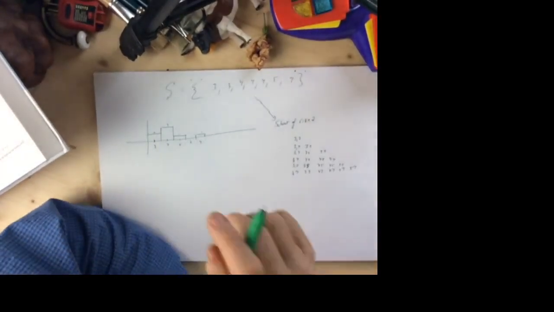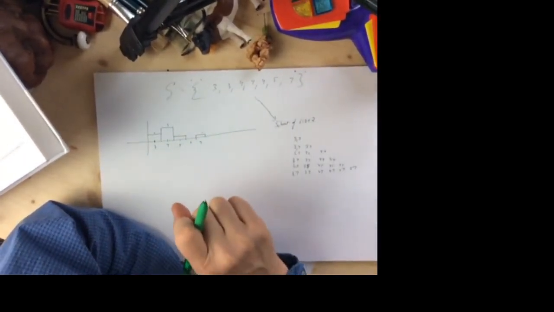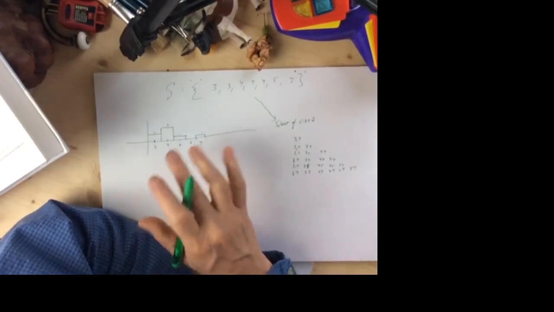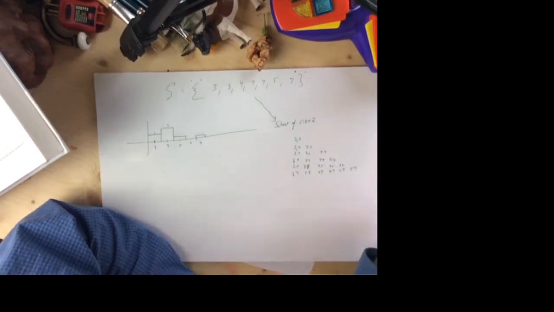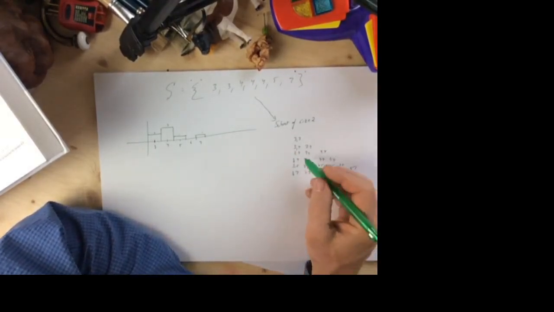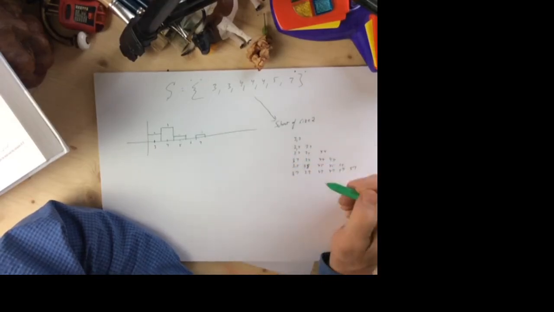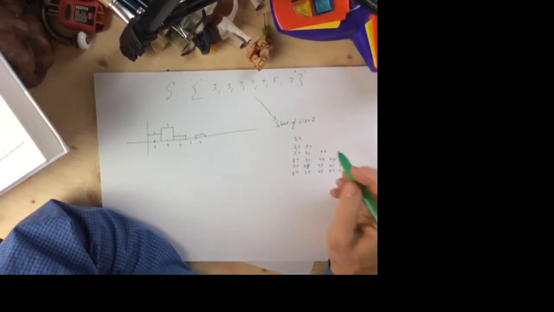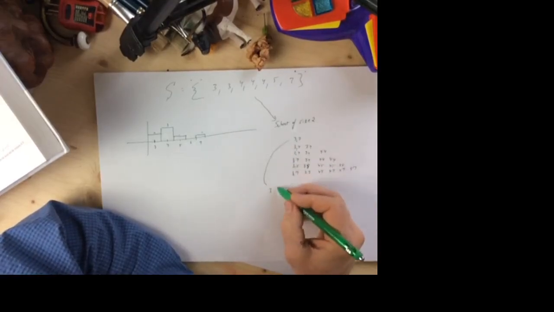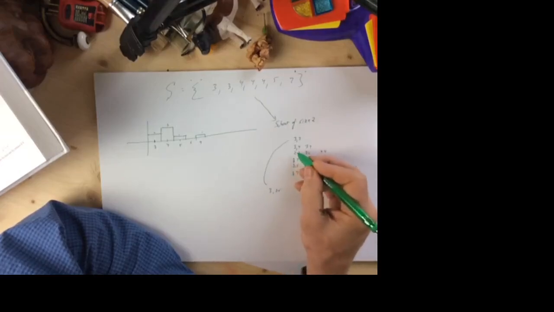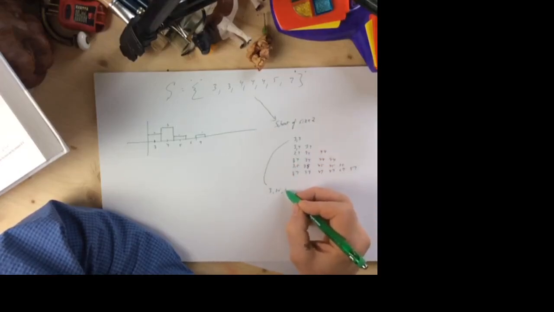So if I was to sample 2 at a time from this universe, this list called S, what kind of data could I create? Well, I can create these doubletons, but I'm going to create an average from them. So now, the average of 3 and 3 is 3, 3 and 4 is 3.5, 3.5, 3.5.